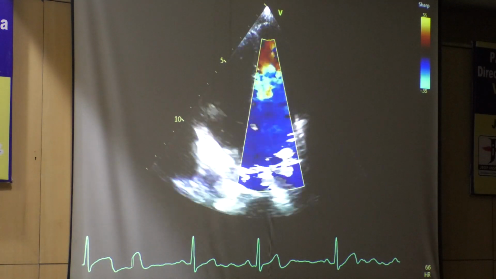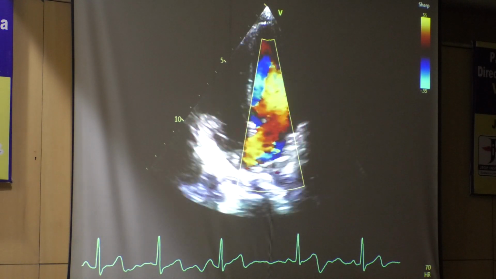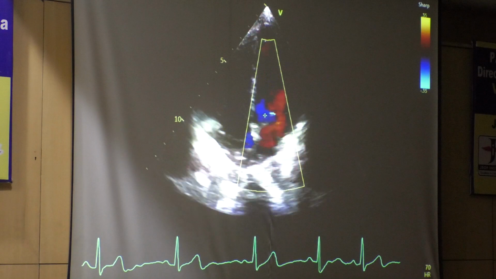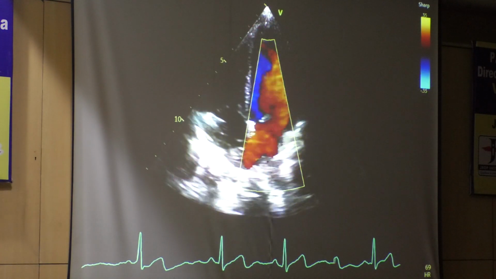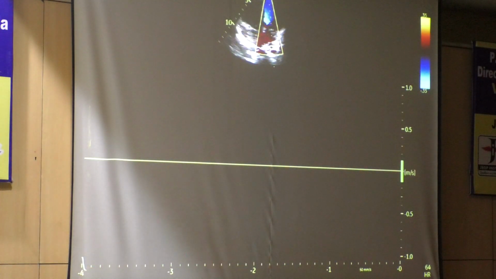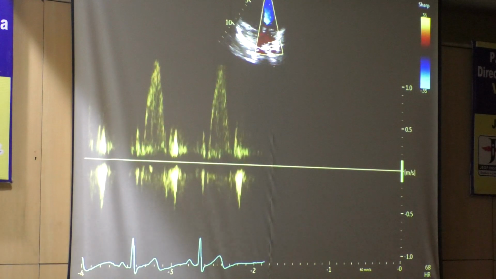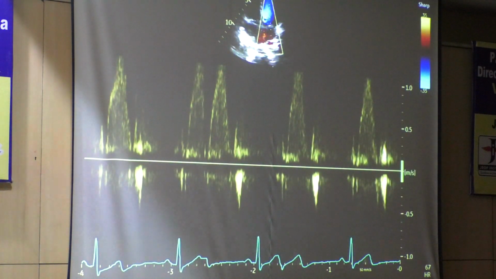Then, moving on from these pulmonic veins, another important point is that we put a caliper and try to measure the velocity of these pulmonic veins. Pulse wave, sample volume, we have to place it into the pulmonic veins.